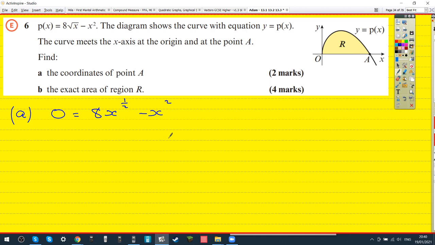Here's what I'm thinking. The smaller one. Let x to the half be equal to a. Okay. So what would the first part become? 8a minus x squared. x squared is equal to x to the half to the what? 4.